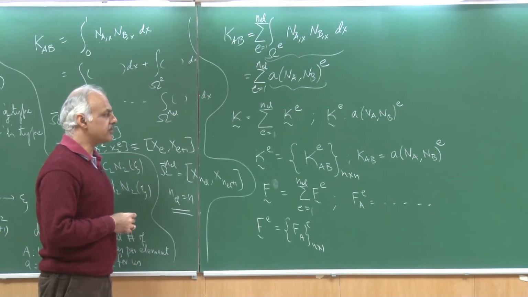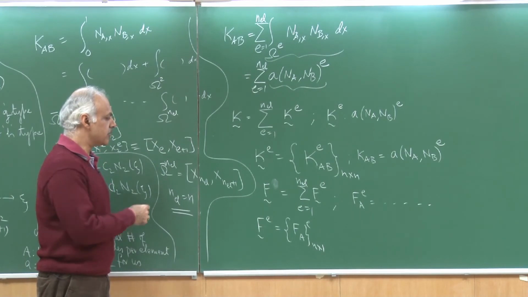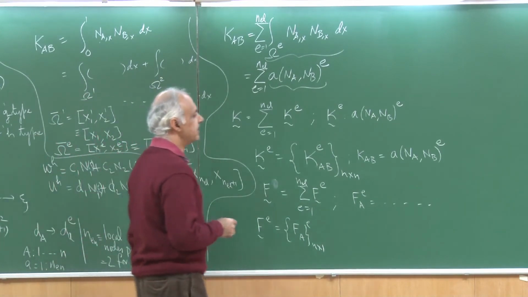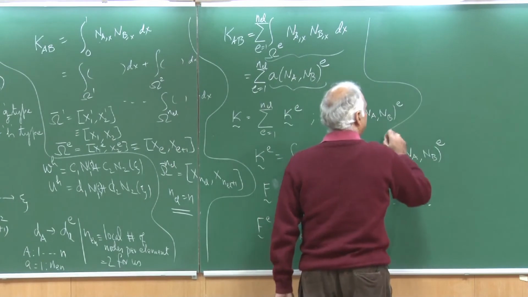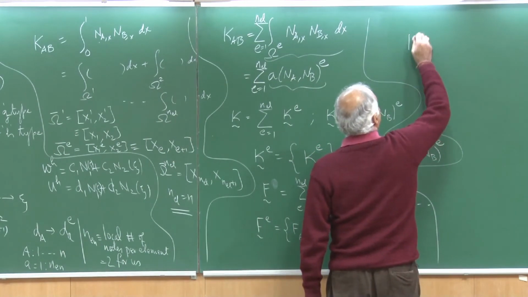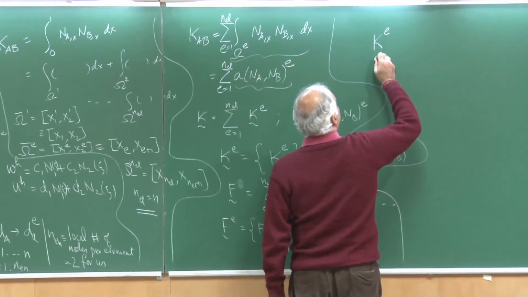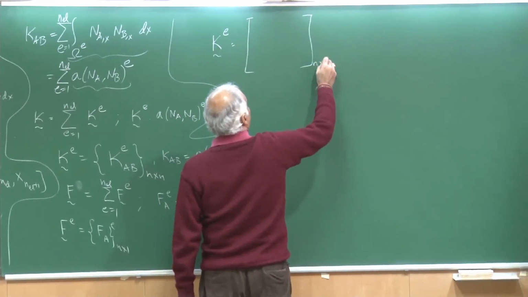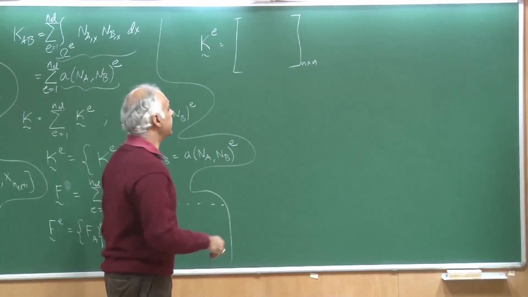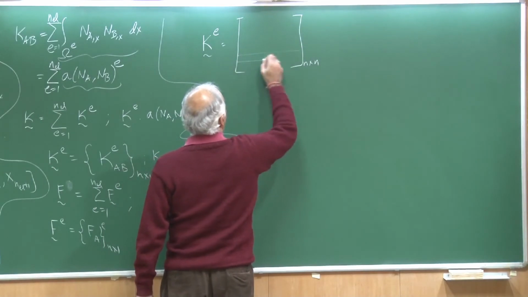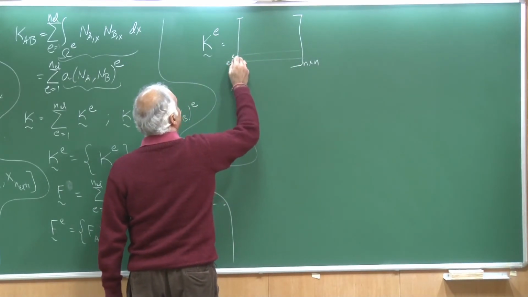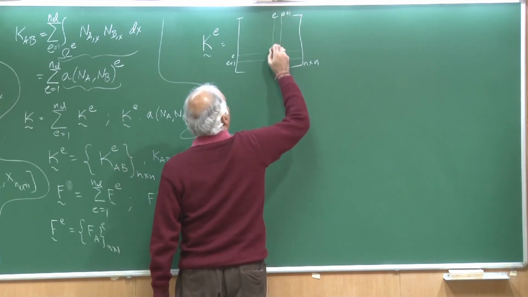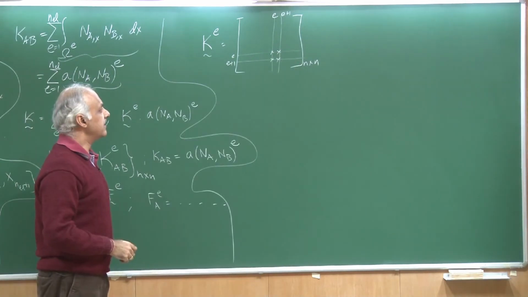And in the last class we observed that really speaking, we do not need to store the entire matrix. A 2 by 2 matrix would suffice. So, let me remind you that in the last class we saw that Ke has a structure like this. If this is my n by n matrix and I look at my rows number E and E plus 1, likewise I look at my columns E and E plus 1, then these are the entries that I have.